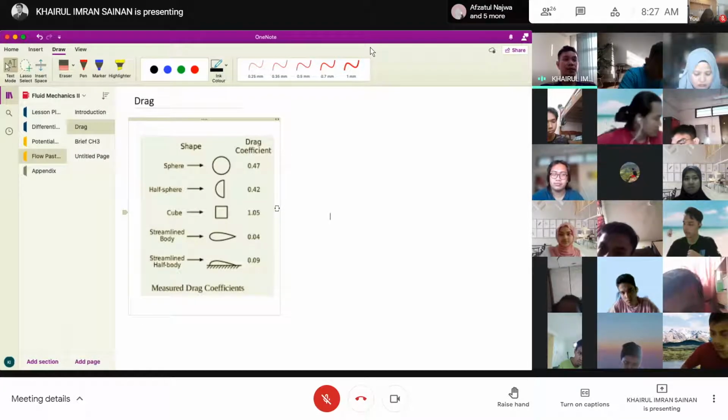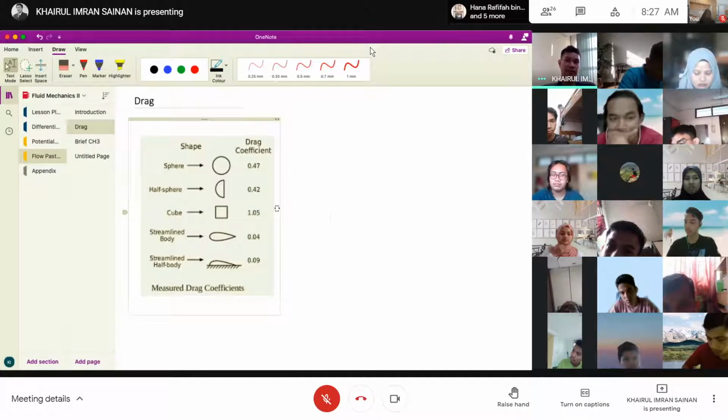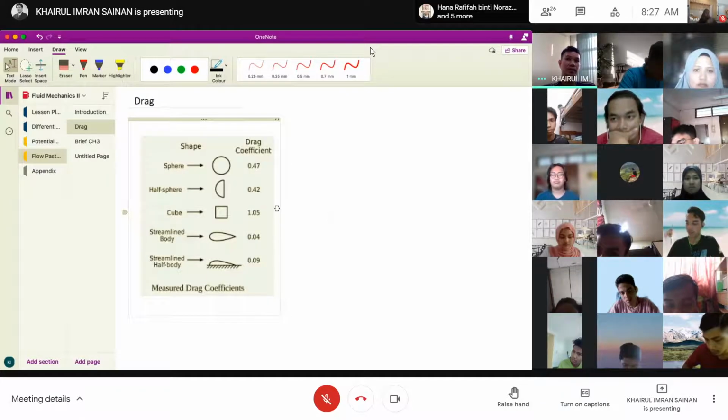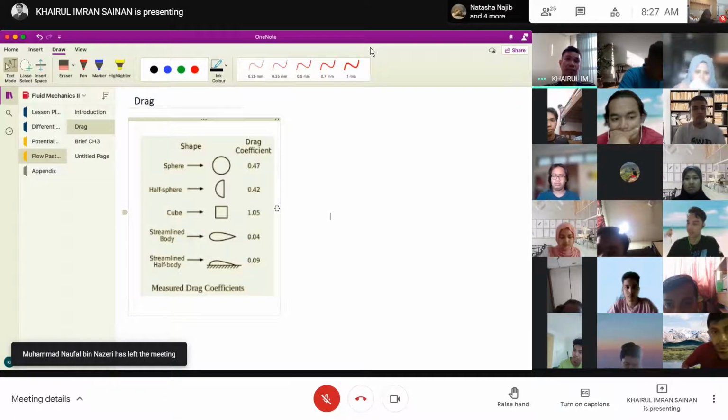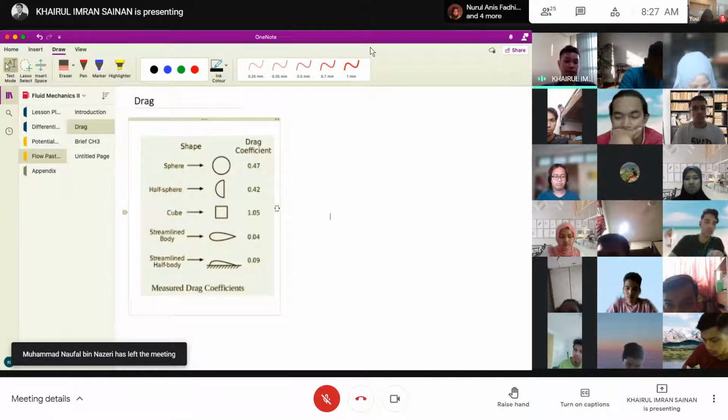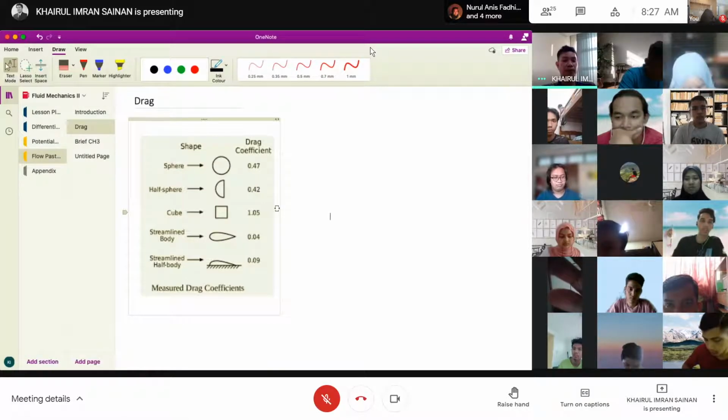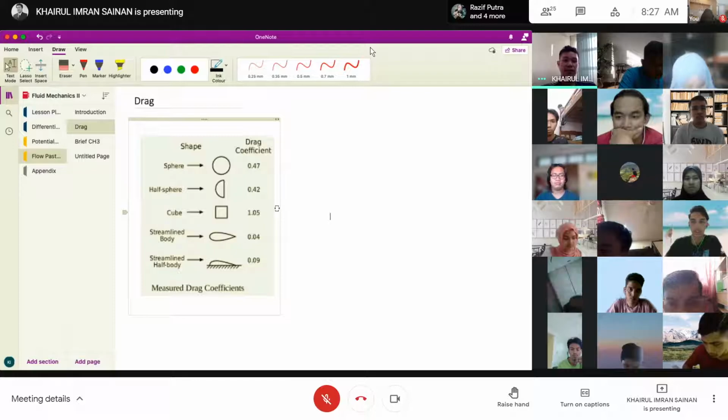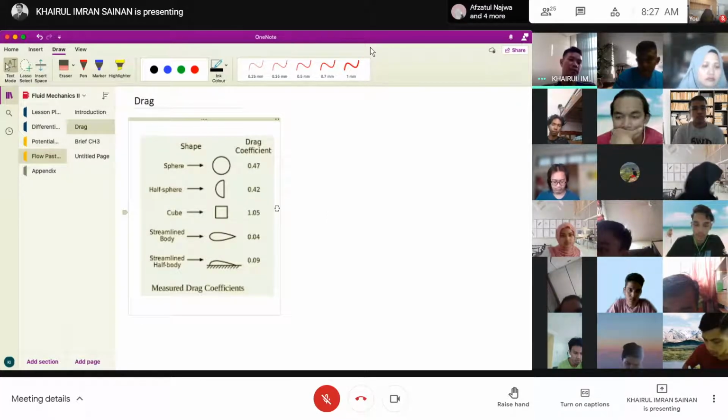If the body is bulky, quite big, the drag coefficient will increase. For example, here is the cube, 1.05. But if the body is streamlined, it's actually 0.04, for example.